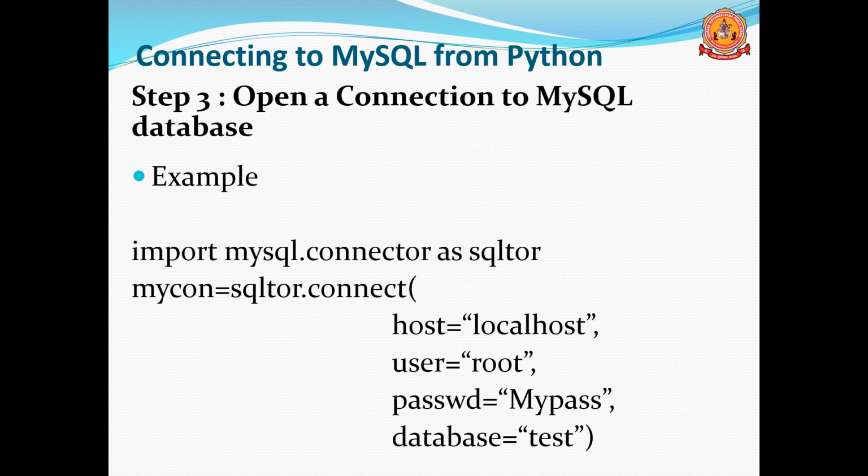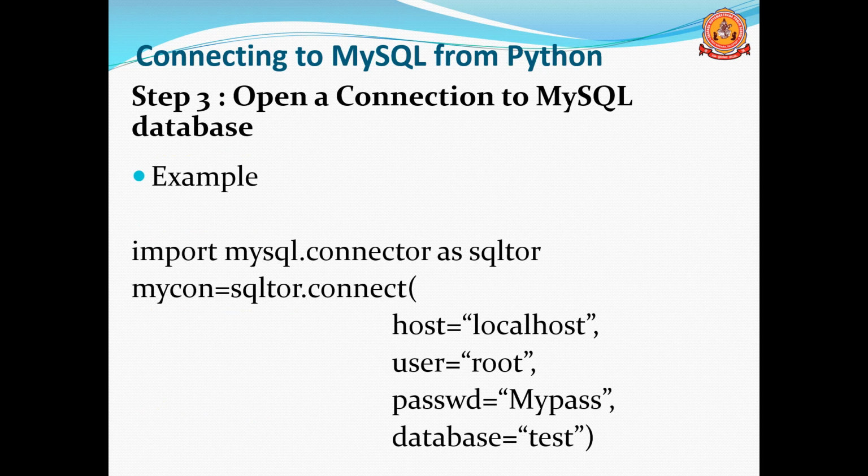Mycon is an object, equals SQLTOR.connect, because I imported mysql.connector as SQLTOR. Like that I can open it, so there is no need to write the full name. You can also open with mysql.connector.connect. That is possible, but that line will be a big sentence and the length will be more.